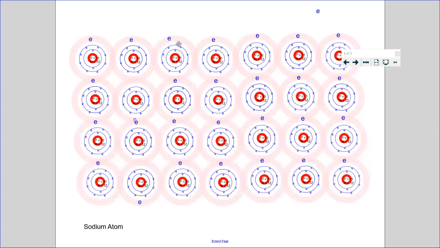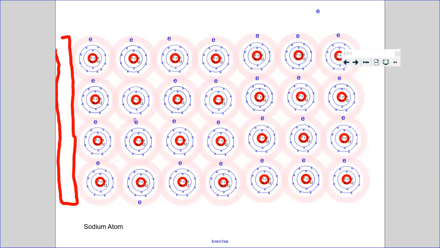Right now they are free, but if you put a positive terminal on the left side and a negative terminal on the right side. In my discussion I will always use red for the positive thing, just like in this figure, you can see that the inner nucleus is red. Why? To show it is positive.